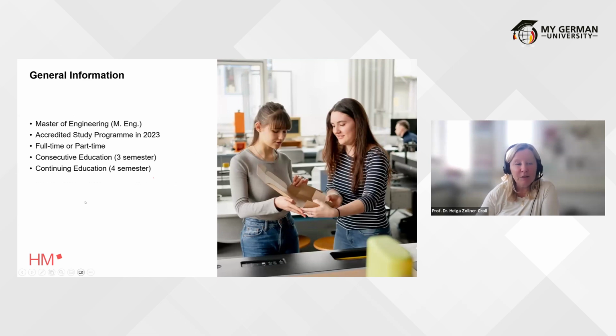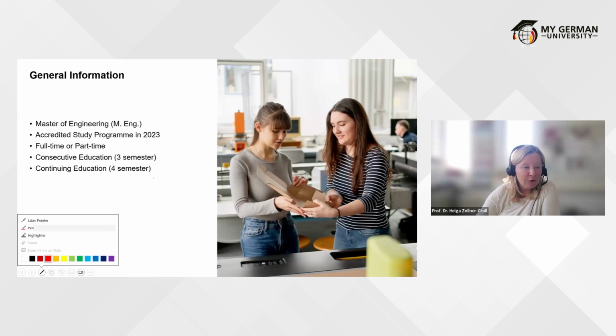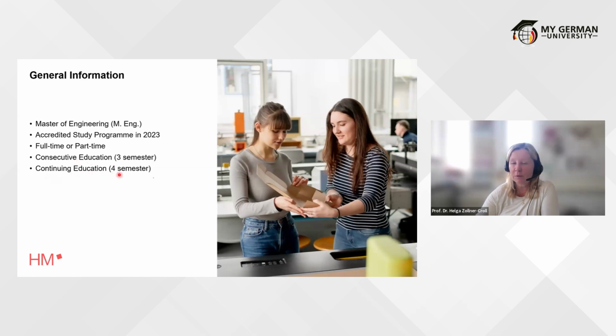So our degree is a Master of Engineering. It has been re-accredited again in summer 2023, so about 2 years ago. You have the choice of studying in a full-time version or as a part-time version. And you can see here that we basically have two different options: consecutive education, 3 semesters, and continuing education, 4 semesters.